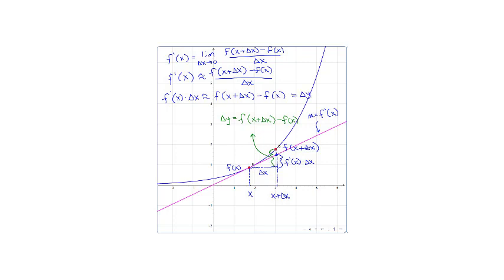So the true change from this point here to Q is delta y. That's approximated by this change right here, f prime of x times delta x. So you can get an approximation to the height of the curve based off of your derivative.